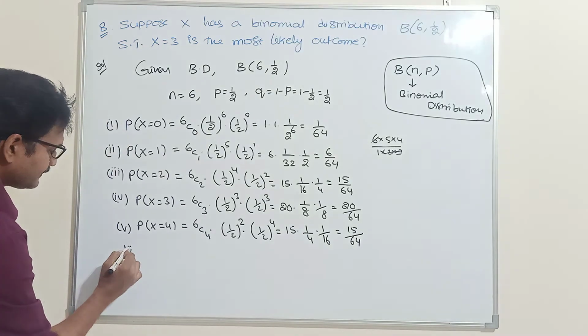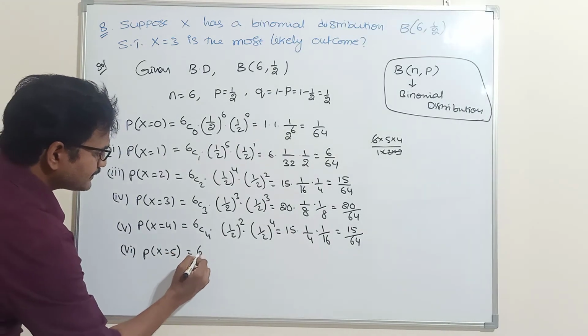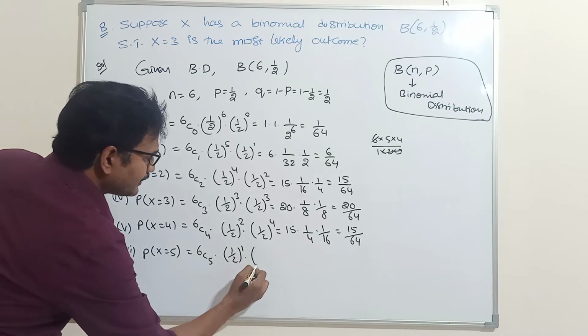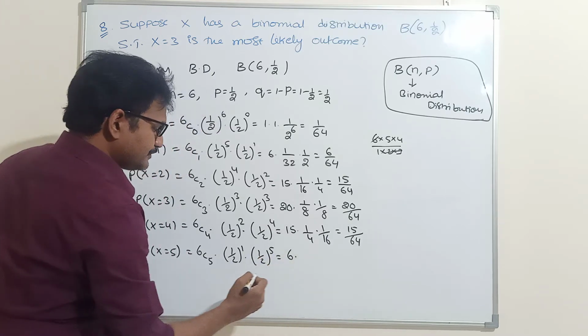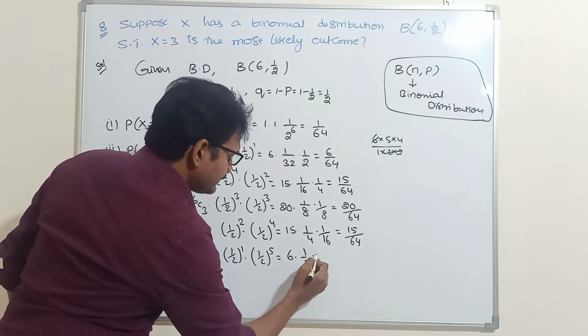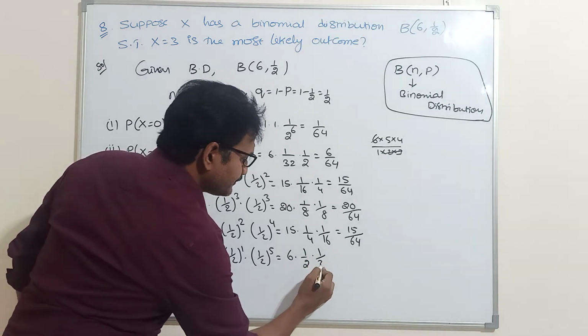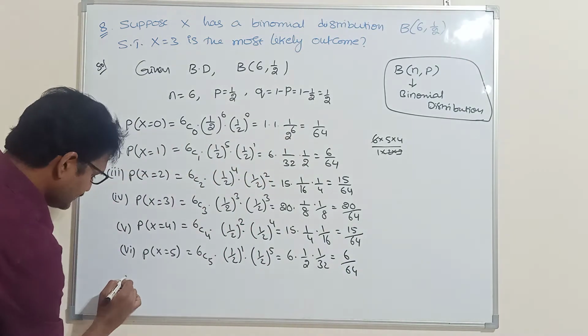Next, sixth one, P(X = 5) = 6C5 (1/2)^1 (1/2)^5. So 6 into 1/2 into (1/2)^5, where (1/2)^5 means 1/32. So 6/64.